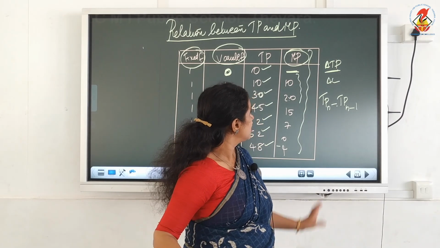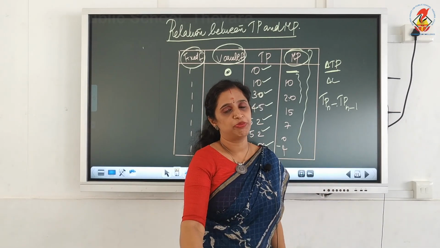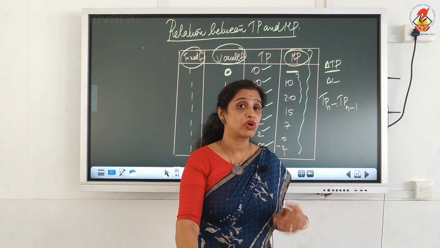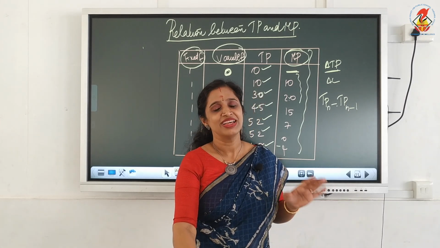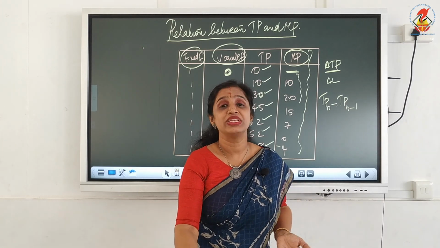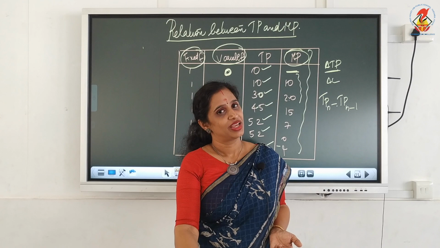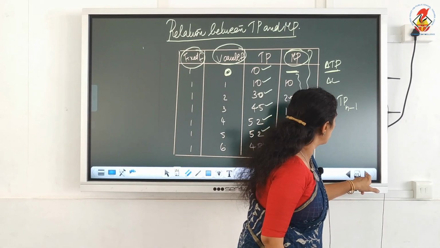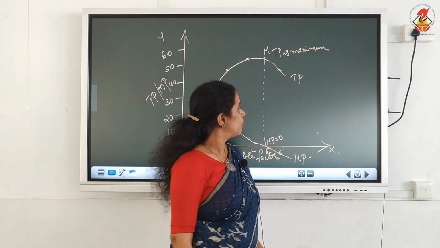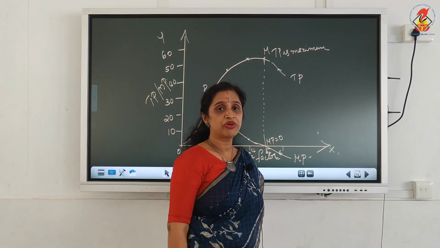Now let us learn the relationship between TP and MP. Just as we have learned about the relation between total utility and marginal utility, in the same way you have to learn the relation between TP and MP. Now let us draw the figure based on the table. What did you understand from the figure?